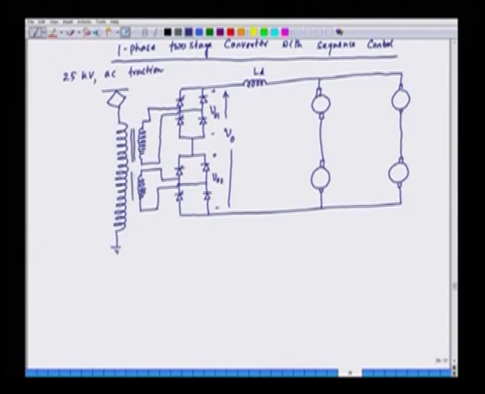We have this transformer which gives the coupling here, and we have the fields of the motors. The fields are connected similarly in series and parallel, so we have a parallel field connection here.